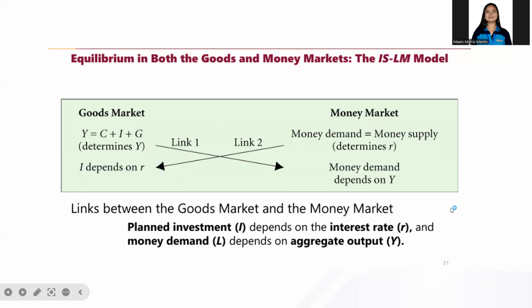So the link between the goods market and money market is that planned investment, or I, depends on interest rate, and money demand depends on aggregate output. So I hope you get now the equilibrium between the goods market and the money market, or in shortcut, the ISLM model.